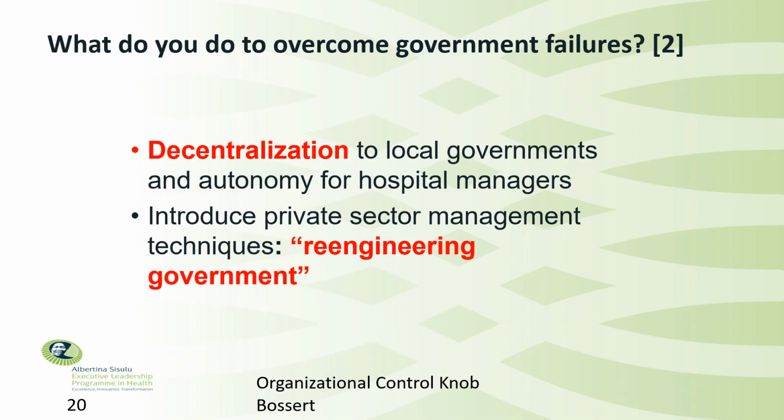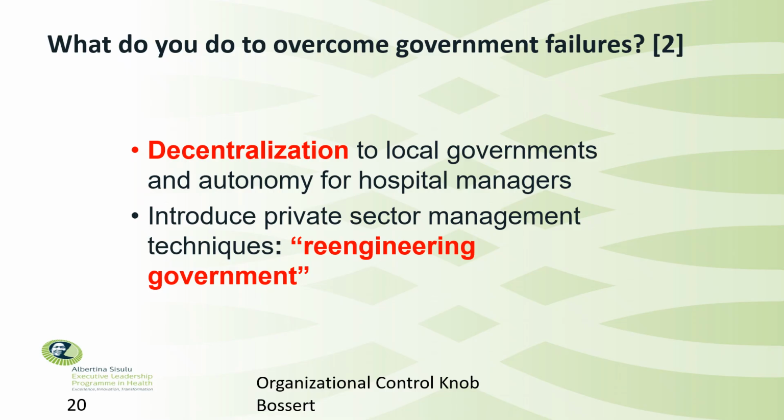You can also decentralize and shift some of that power and control to more localized entities such as local governments. You can create more autonomy for hospital managers. So instead of having politicians centralize control and power at a higher level, you can shift some of those responsibilities much lower and closer to the people, where there's going to be greater understanding of what needs are in those communities.